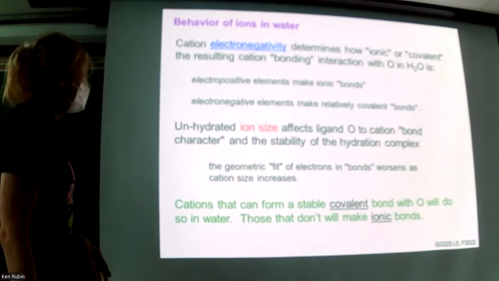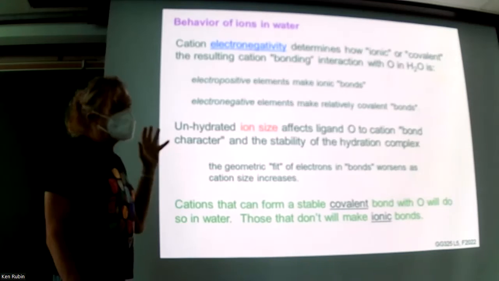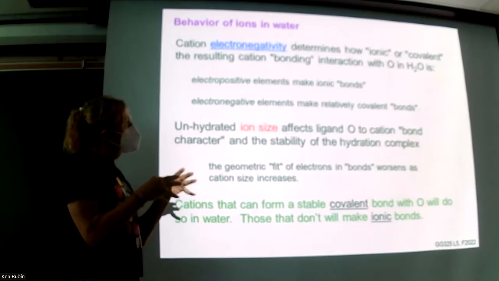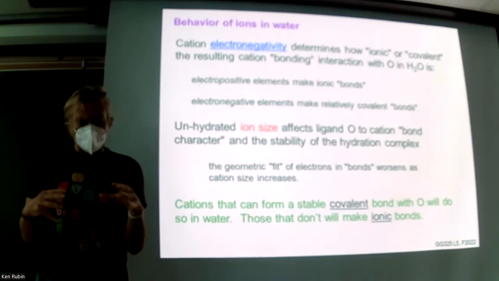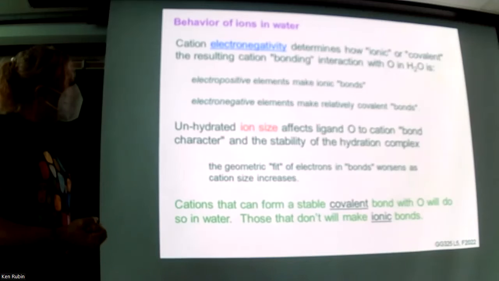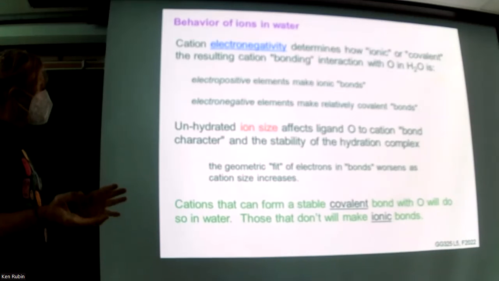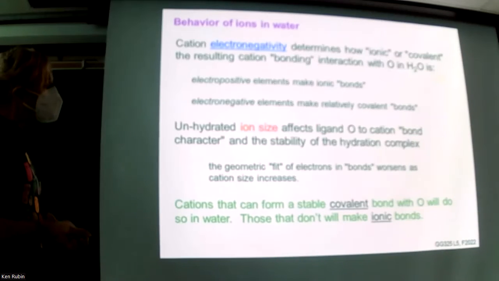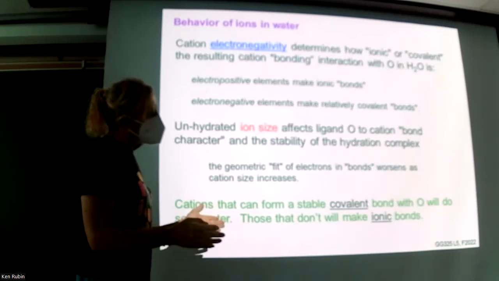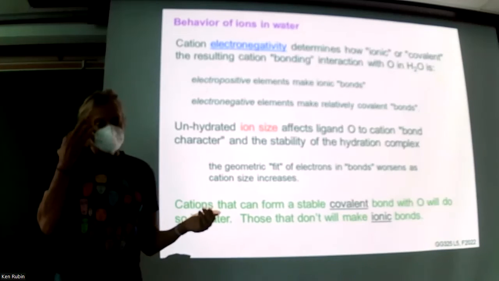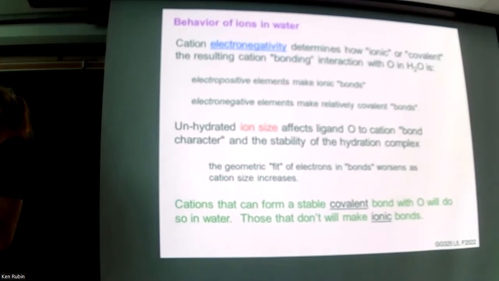So the electronegativity is basically, as we've talked about before, just a measure of how much sharing there is going to be in a bond with oxygen. Is it going to be covalent, or is it going to be ionic, or somewhere in between? And hopefully you can already see things that bond covalently with oxygen, which are things like carbon dioxide, SiO4, PO4, SO3.